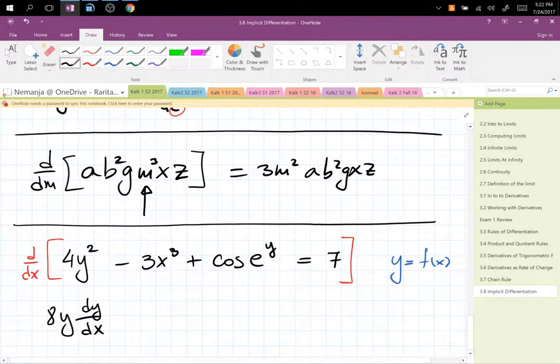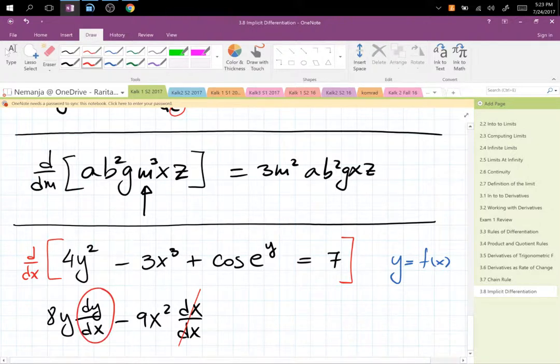Now I'm going to apply the same thing to the x term. I'm going to get minus 9x squared dx dx, because I applied the derivative. So I took the derivative of x. You see, I got dx over dx. That cancels. That's why we never write them, but they're there.